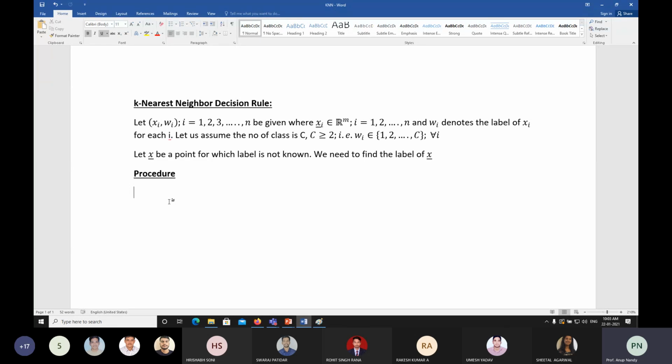We have already seen the nearest neighbor classifier technique, the minimum distance classifier, and this KNN is very important.